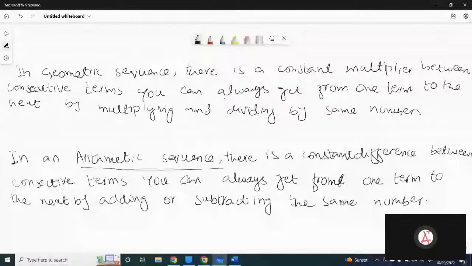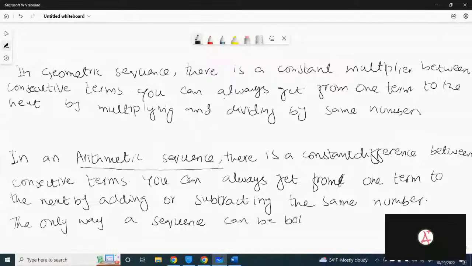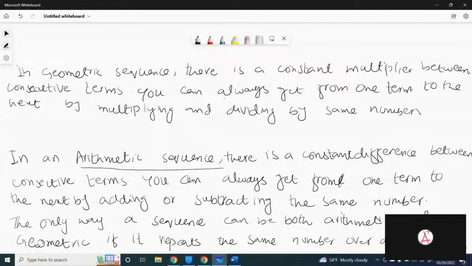The only way a sequence can be both arithmetic and geometric is if it repeats the same number over and over again.